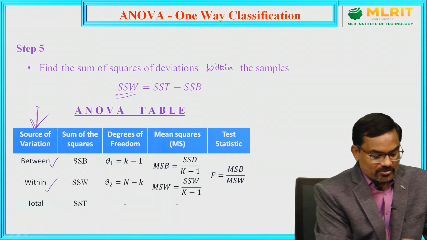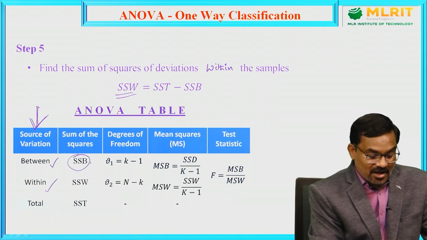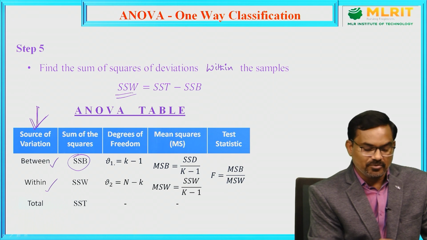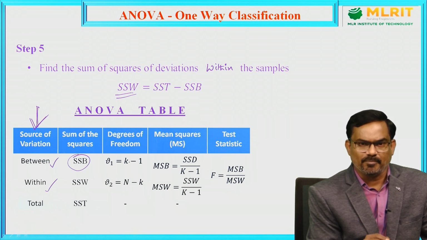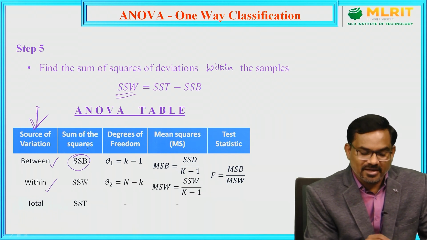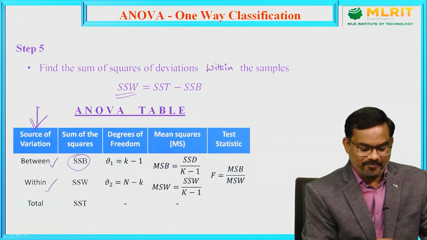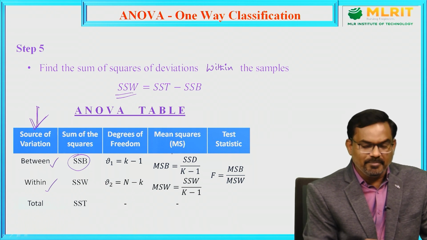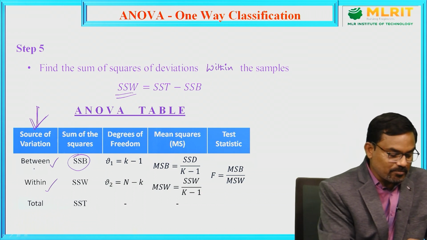So, corresponding to this between, sum of the squares, so it is denoted by SSB, and for SSB the degrees of freedom mu1 is given by k minus 1, where k is the number of observations given in the problem. So, how many observations are given, that is the value of k, and k minus 1 is the degrees of freedom denoted by mu1. And MSB, mean squares, then we calculate the mean squares corresponding to between the samples.